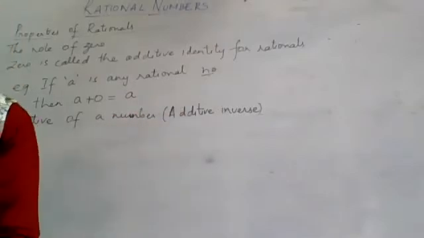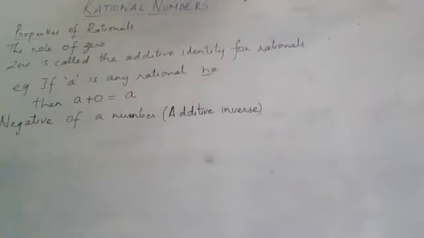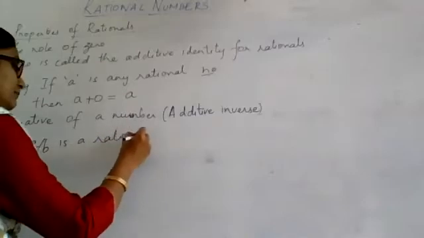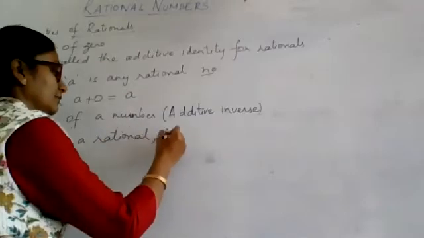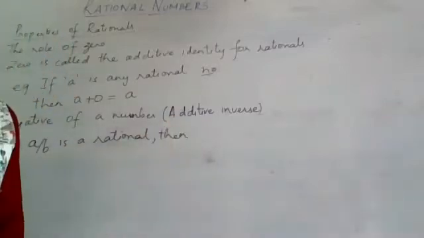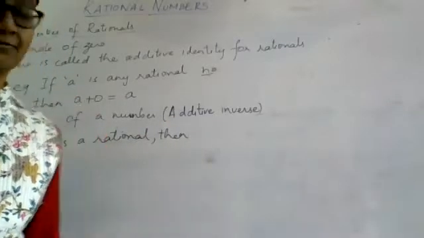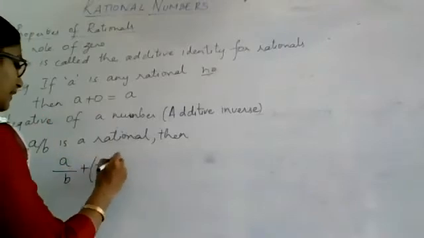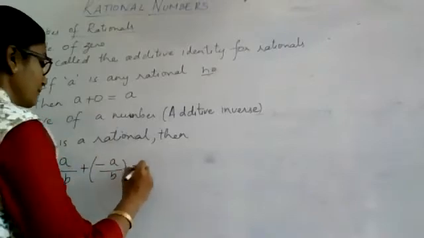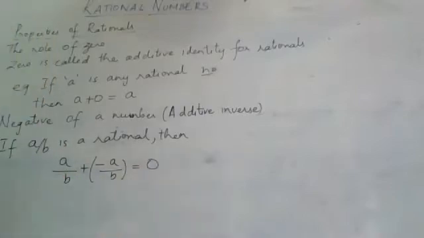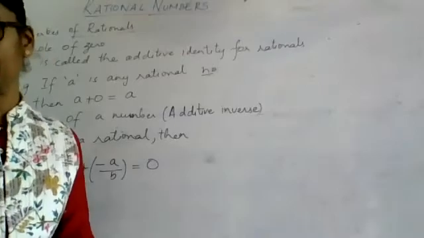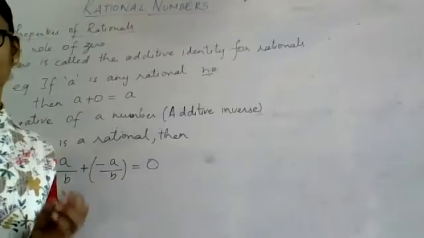So in general, if A by B is a rational, then A by B plus negative A by B becomes equal to 0. When I add negative A by B to the original rational A by B, the sum becomes 0.